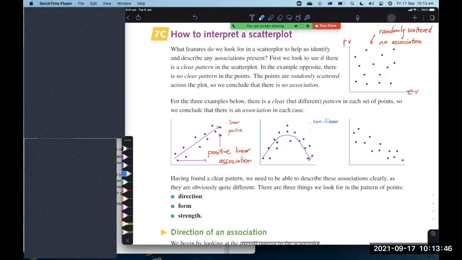We can say it's non-linear, and it's a negative, because as you go further to the right, you go down. Now, we don't have to worry about these ones too much. We just say it's linear or non-linear. Our main focus will be on these ones here in year 12.